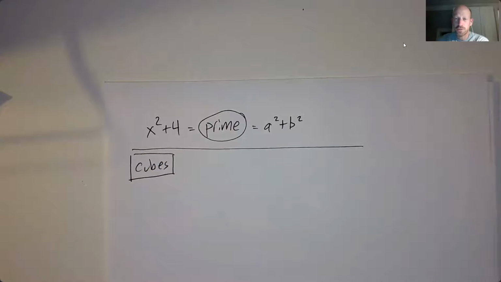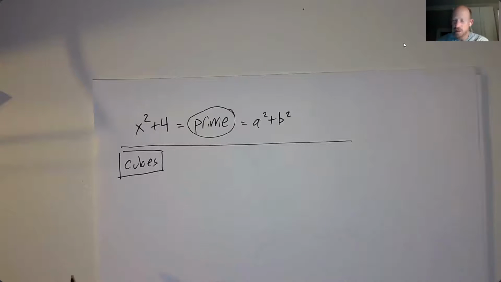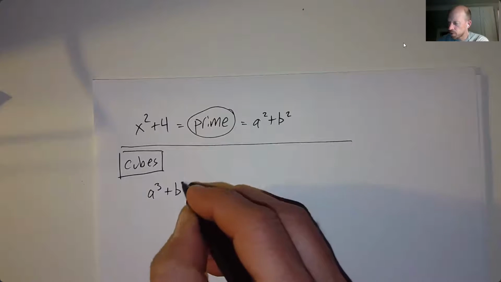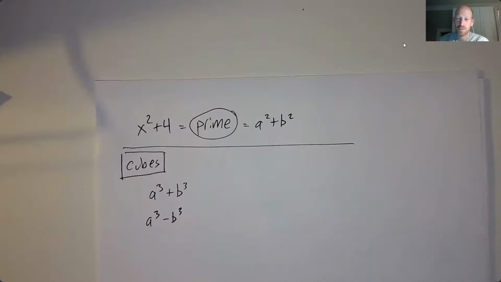We will also see, not as common, but we will see some cubes as well. And these have formulas: a cubed plus b cubed and a cubed minus b cubed. These will also both factor in a slightly different way.